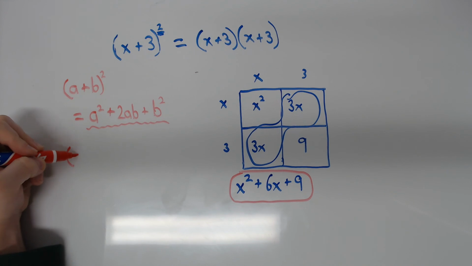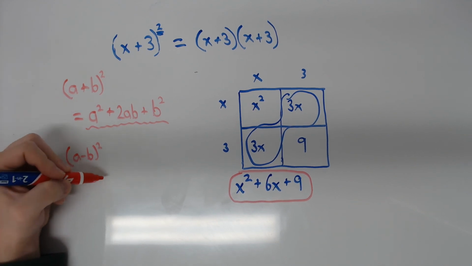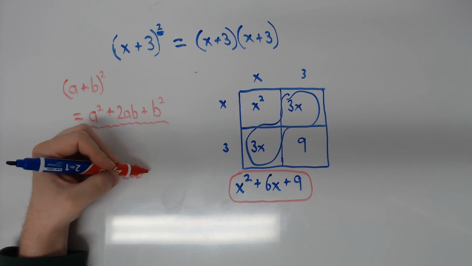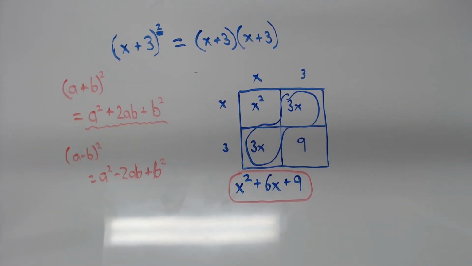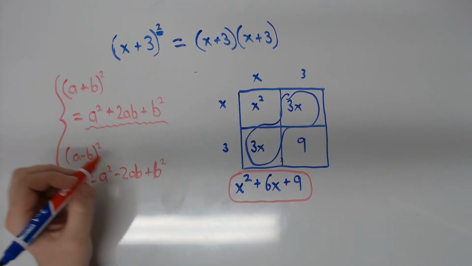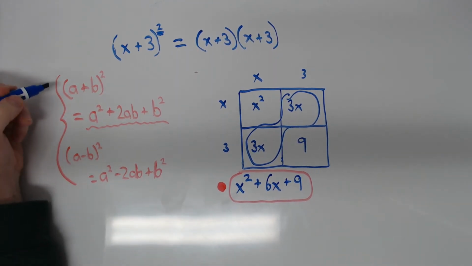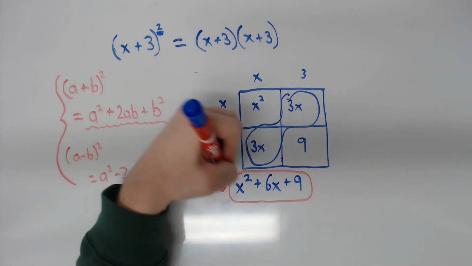And for a minus b squared, it's very similar. Now it's a squared minus 2ab plus b squared. So this is just a pattern. These aren't necessary to memorize because you can always just handle the problem this way. But it's just interesting, these patterns that show up. They can be shortcuts, but luckily we always have this to fall back on.